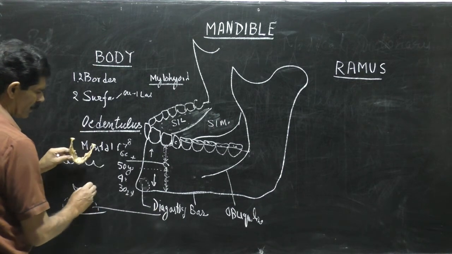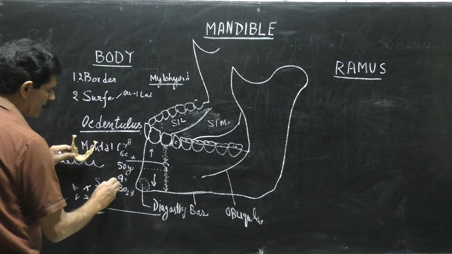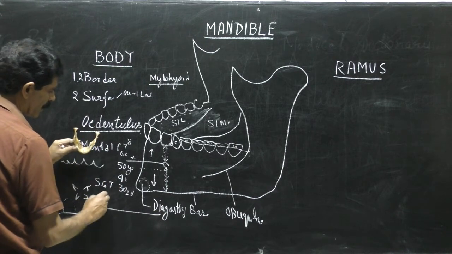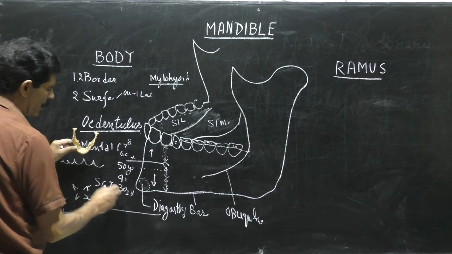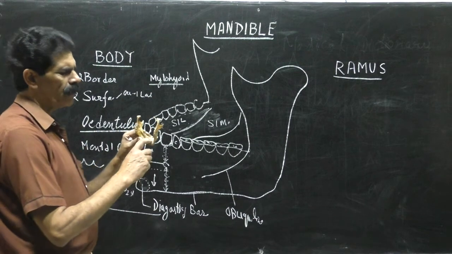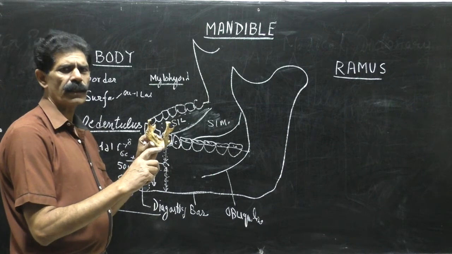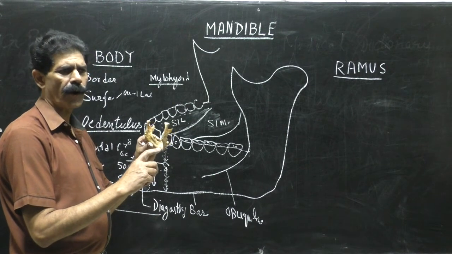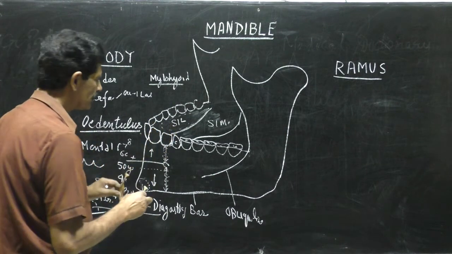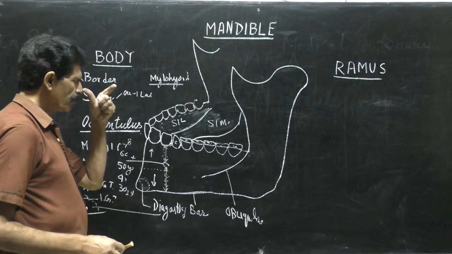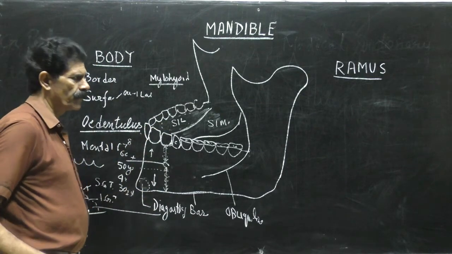This is called the superior genial tubercle, the upper one, and the lower is called the inferior genial tubercle. The superior genial tubercles give the origin of the genioglossus muscle, and the inferior genial tubercles give the origin to the geniohyoid muscles. So they are the features of the medial surface of the body of the mandible.